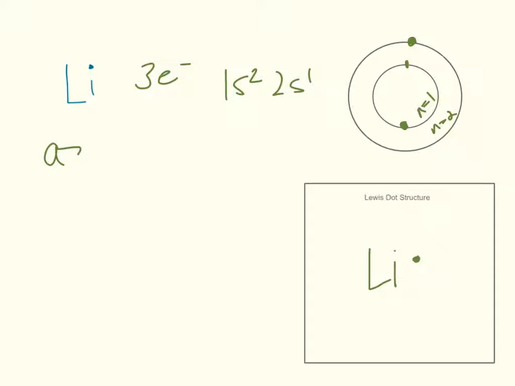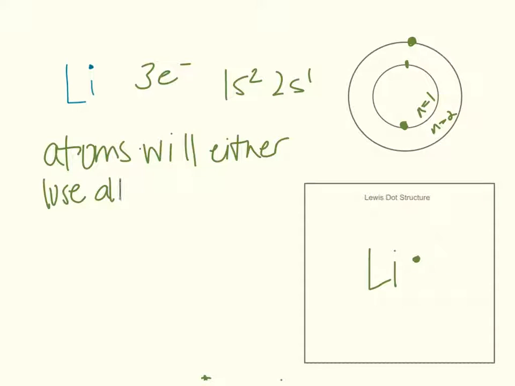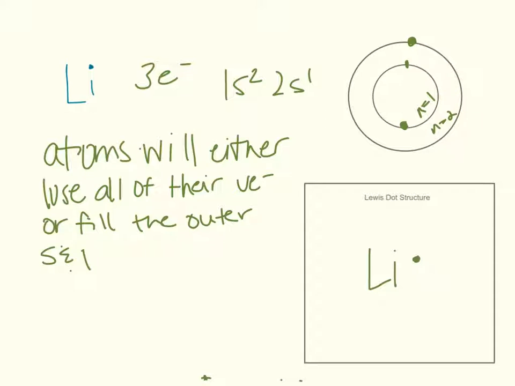Atoms will either lose all of their valence electrons or fill the outer S and P electrons.